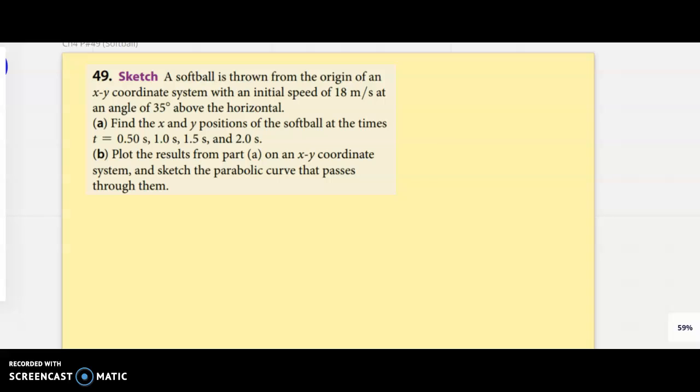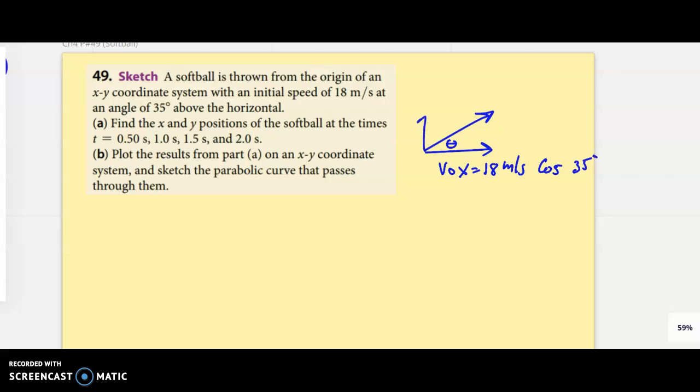Okay, so at 35 degrees, there's an X component, initial velocity in the X direction, V0X, which will be the original magnitude times the cosine of the angle given.